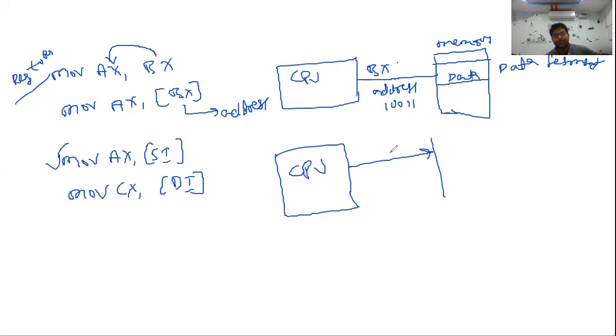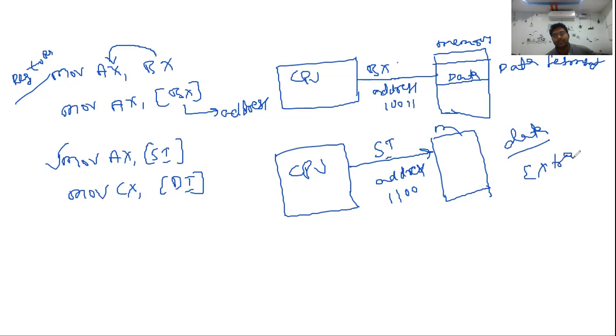It can point to the SI address at some location in memory. It may be in the data or the extra segment. So here it is data. Suppose this data is transferred to the AX register.